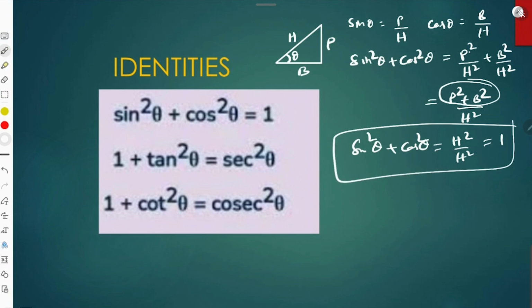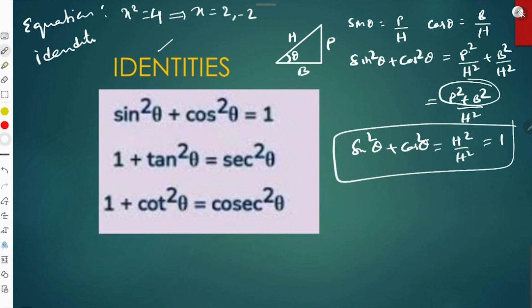So what do you mean by identity? What is the difference between an equation and an identity? For example, x square equal to 4 is an equation which has roots plus 2 and minus 2 only. So an equation in variable x is such that only some values of real numbers will satisfy that equation.